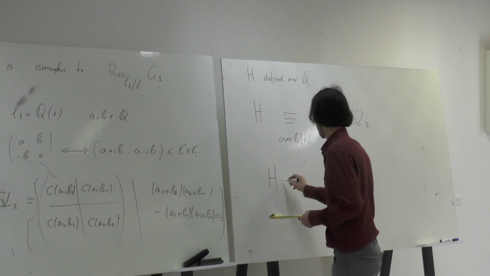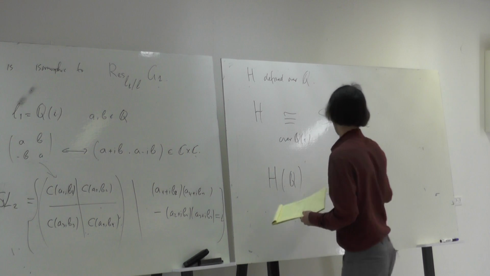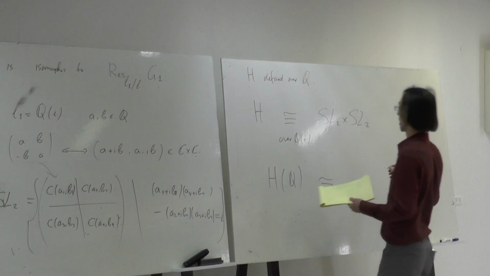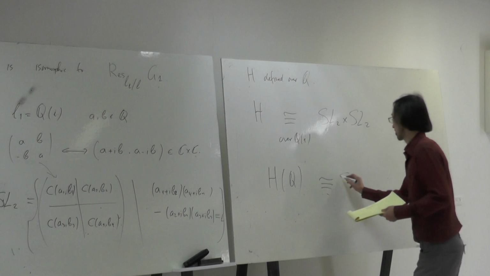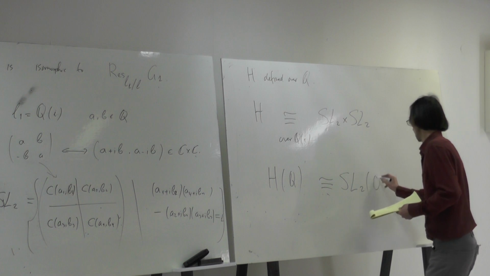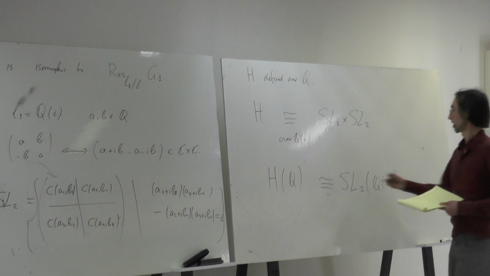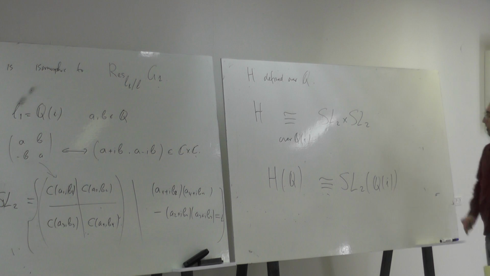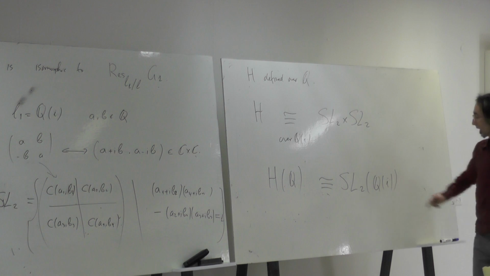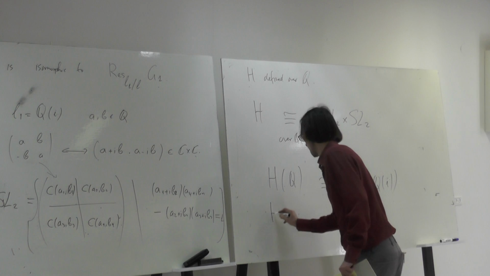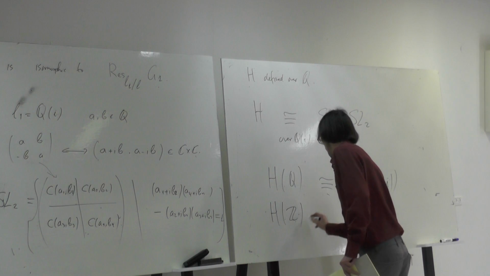The rational points of H are isomorphic as a group to the rational points of SL2 with coefficients in L1. And the same thing happens with the integral points.